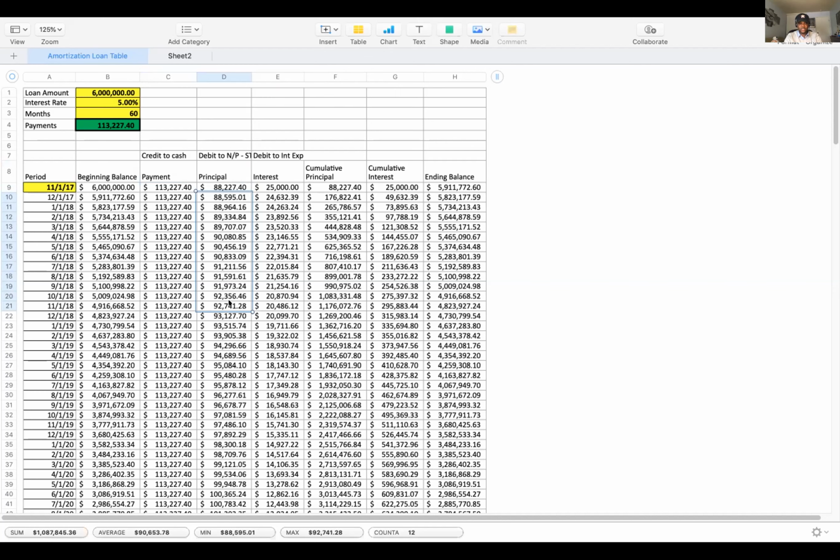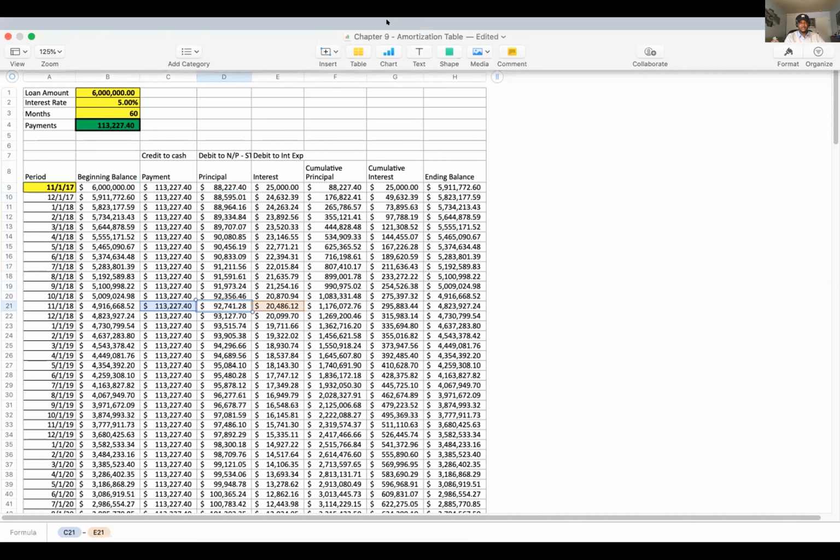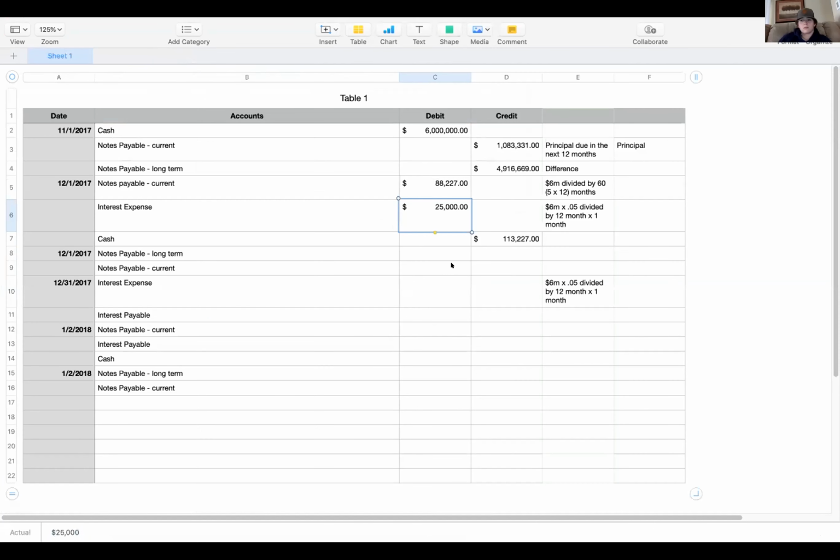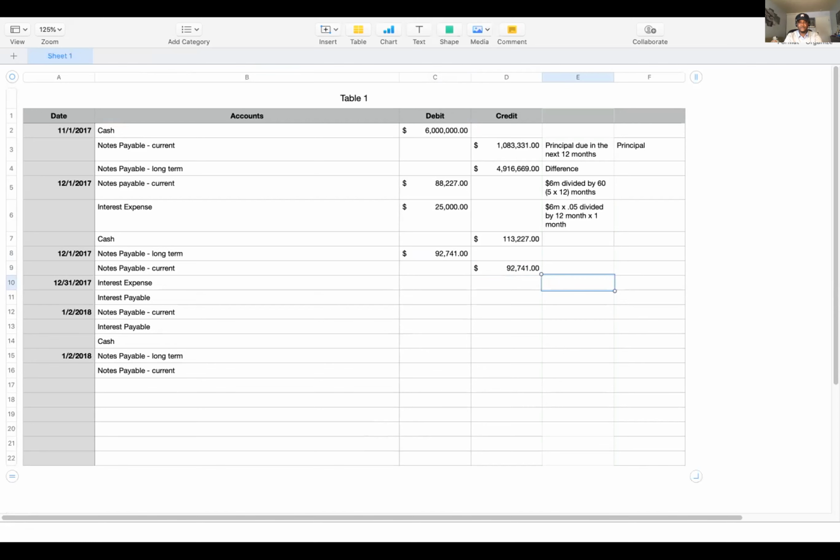Okay, which means that I have to move this number here, 92,741, from long-term to current. And so that would be December 1st.